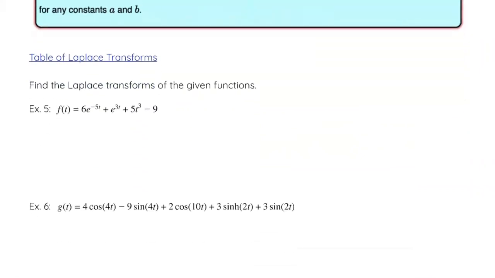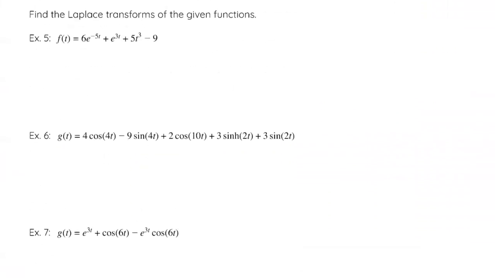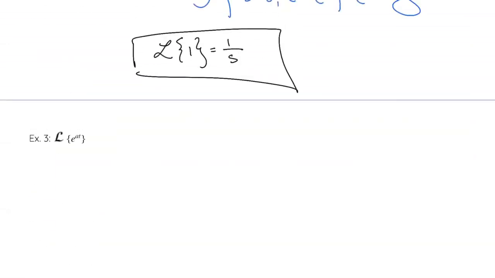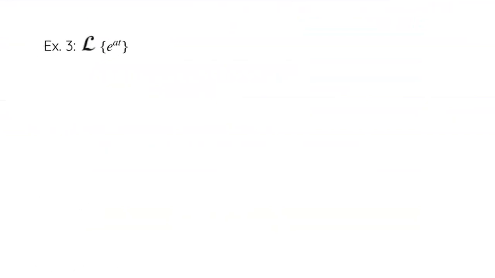So for examples 5, 6, 7, and 8, we're not going to be doing these using the formal definition. We'll be front loading that piece up top here. For that homework, I did ask you on one question to use the formal definition, but for most of the other ones, I just want you to use the table.